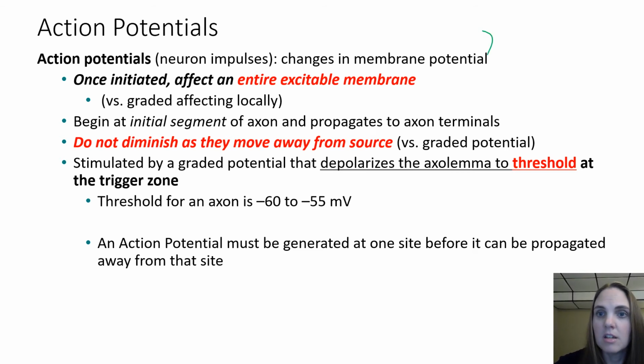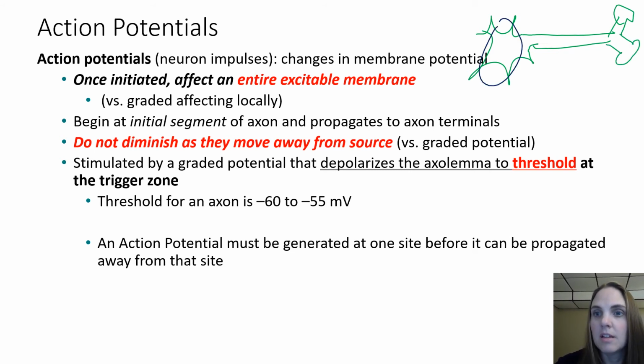Here is our cell body. This is a very simplified neuron. So we had our cell body, there's our axon and our axon terminal, and the initial segment of the axon is the beginning of it. The axon hillock is kind of the part of the cell body that meets the axon, and that spot where those two meet is that trigger zone.